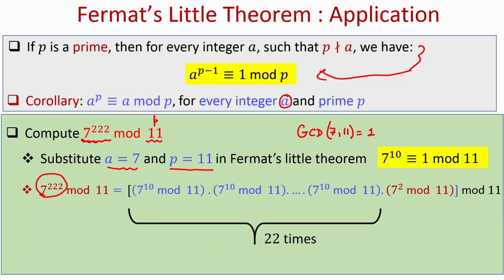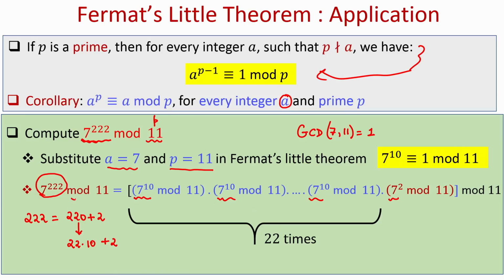So basically what I am doing here is that 222 can be rewritten as 220 plus 2, and this 220 can be written as 22 times 10, and then you have 2 anyhow. So, this 7 power 222 I have split into many blocks of 7 power 10, namely 22 blocks, and then finally I will be left with 7 power 2.